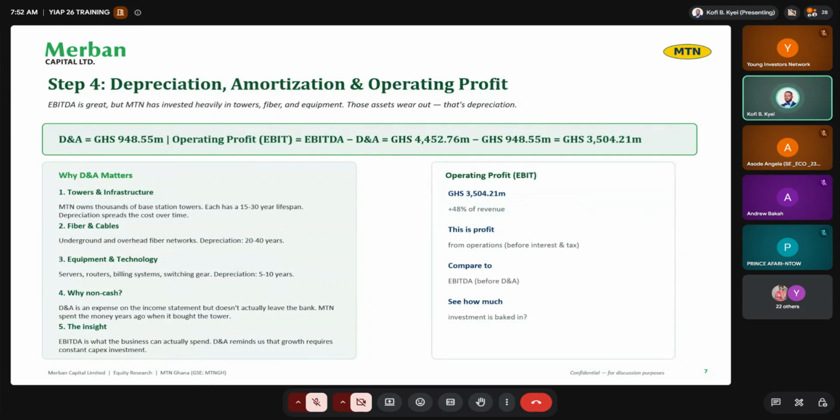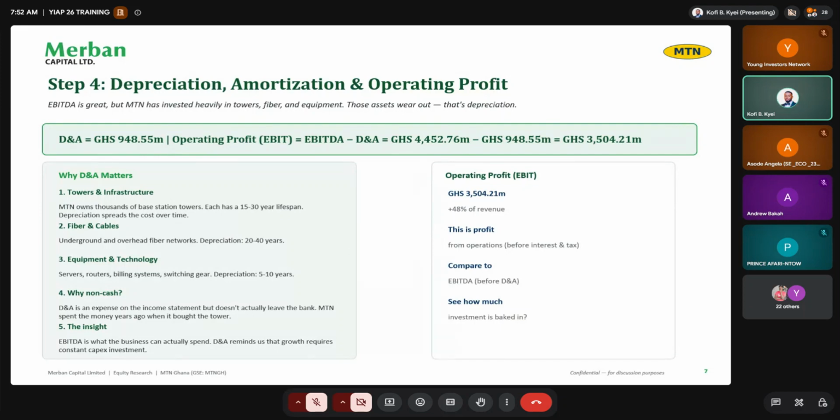Now we'll move to depreciation and amortization. D&A: MTN owns thousands of base station towers, each with a 15 to 30 year lifespan, and the depreciation spreads the cost over time. And we have fiber and cables, equipment and technology, which are non-cash items. The D&A is 948.6 million.